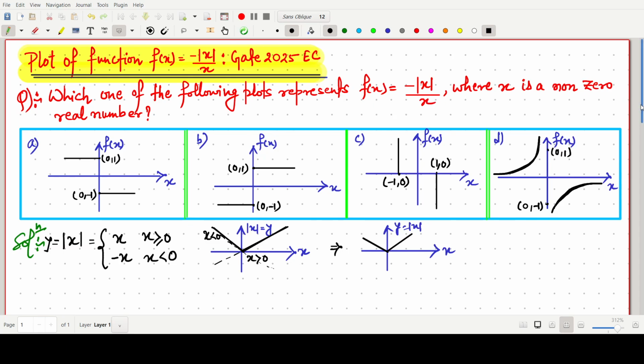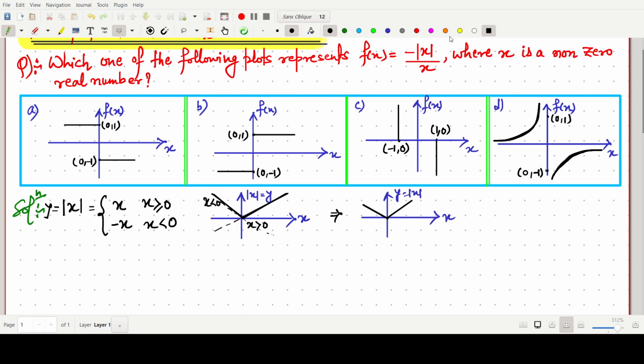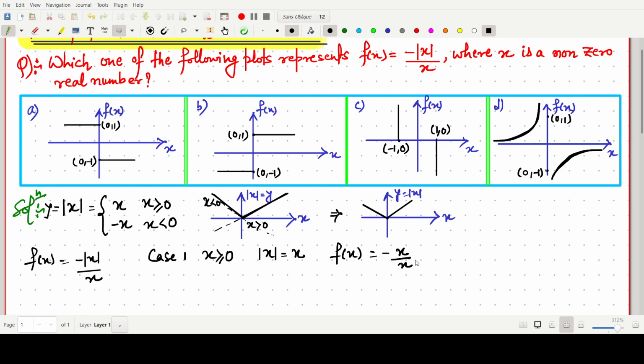Now we have to plot this f(x) equals minus mod x by x, which is very simple. There are two cases. Case 1, when x is greater than or equal to 0, mod x will be x, so f(x) can be written as minus x by x, which is minus 1.